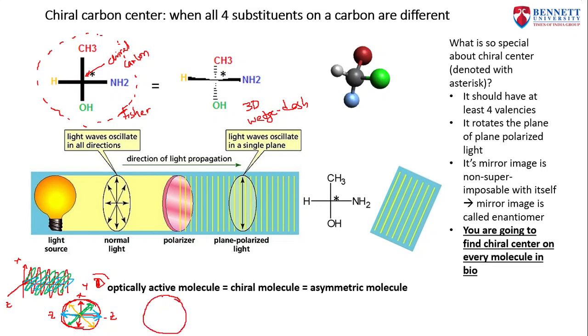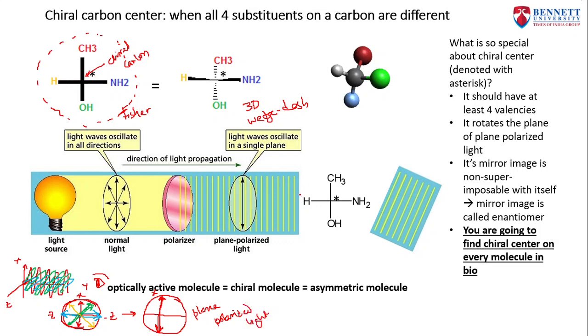For our example's sake, let's say it lets the vertical one pass through, but not the others. So now only the vertical one in the xy plane is let through, and all the others are not allowed. This is now called plane polarized light because it is oscillating in one direction.